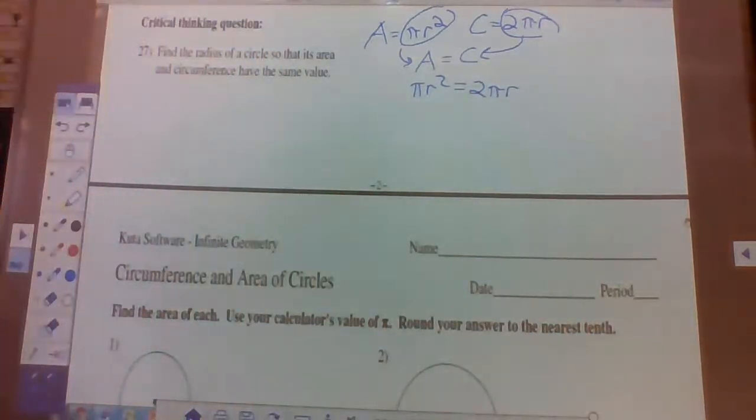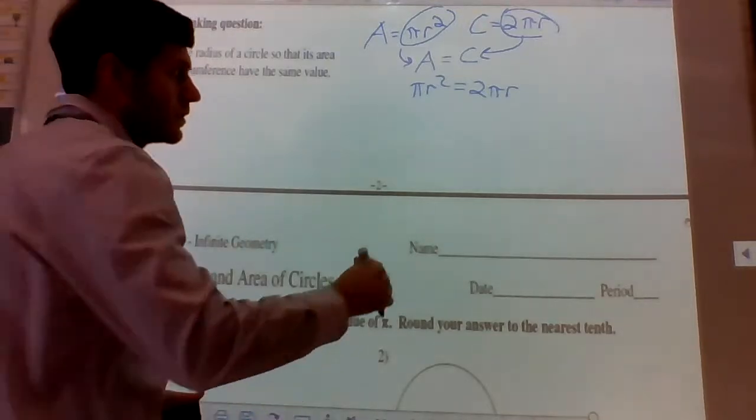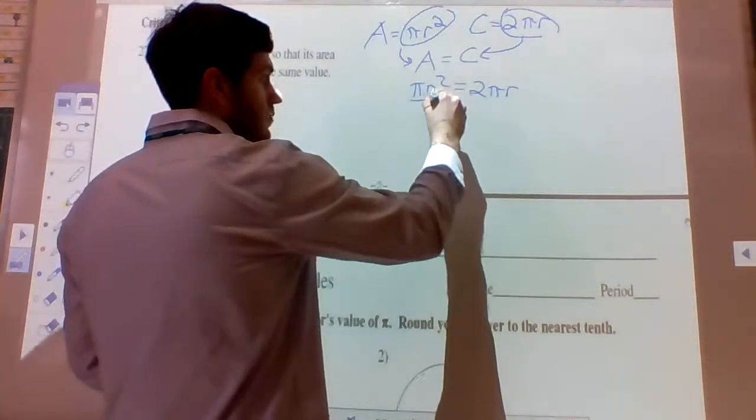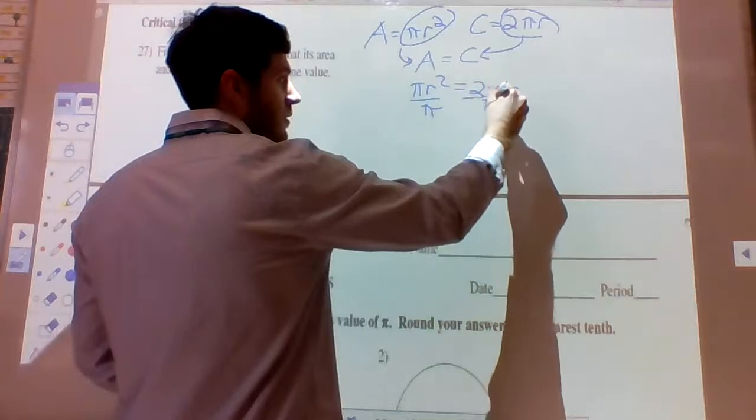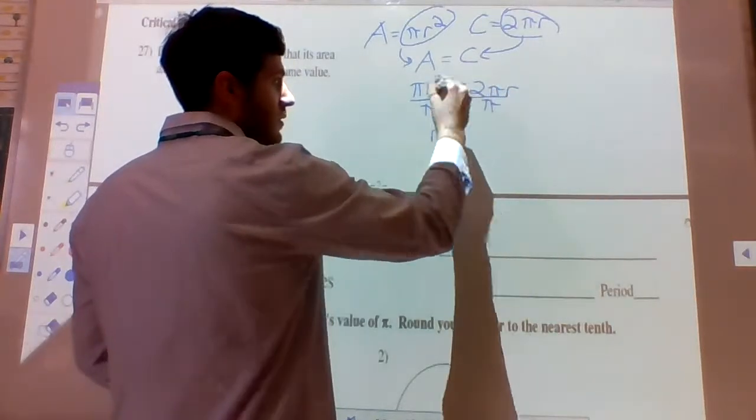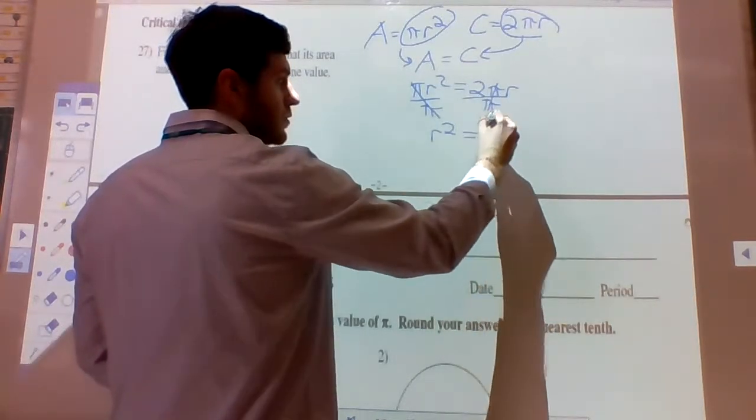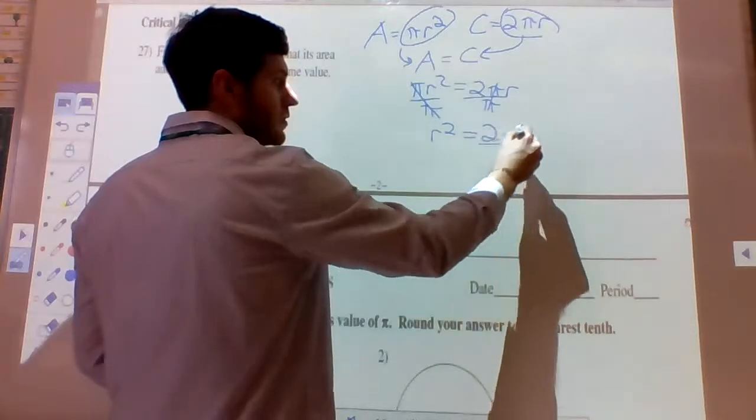So from here, we want to find the radius. So we can divide both sides by pi. So we get r squared equals 2r. Then we can divide both sides by r.